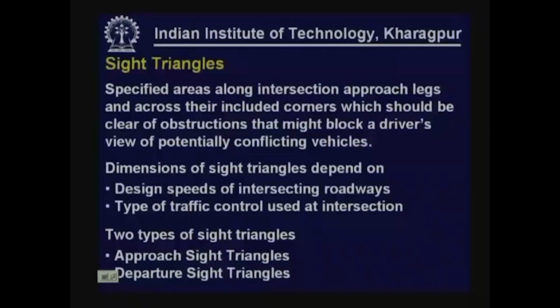The dimensions of the sight triangle depend predominantly on two major considerations. One is the design speeds of the intersecting roadways. Maybe there is a major road and there is another minor road. Therefore, the required sight distance will depend on the design speeds of both roadways, and it also depends on the type of control used in that intersection.